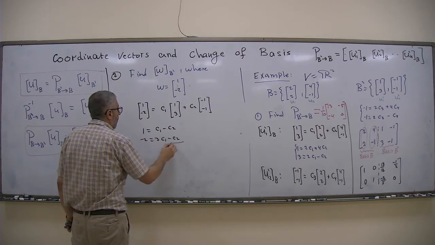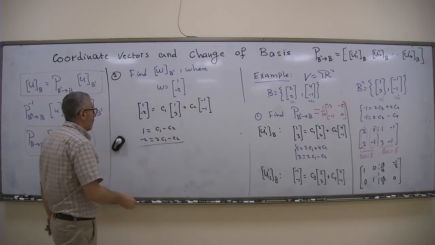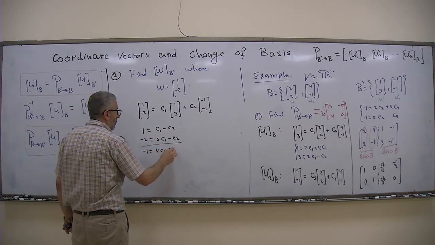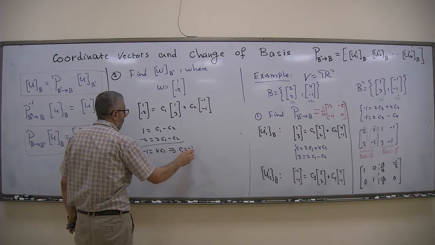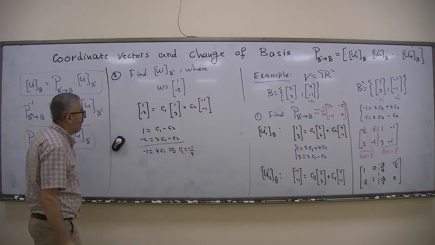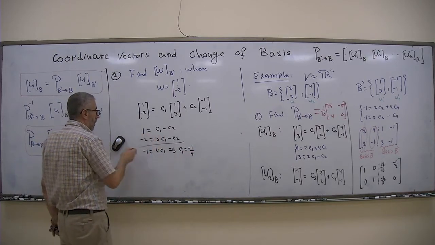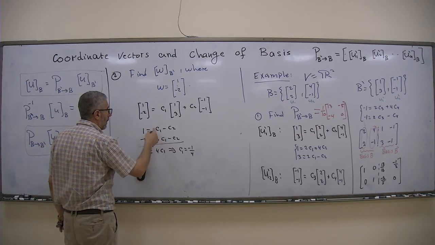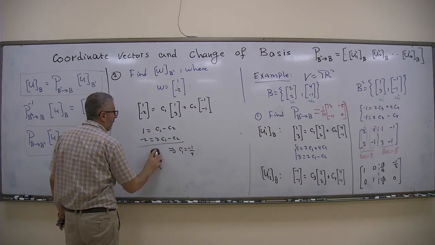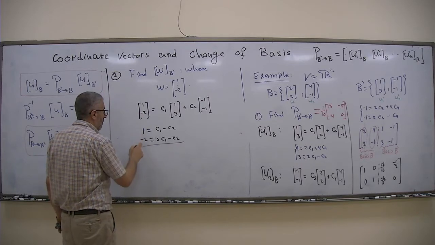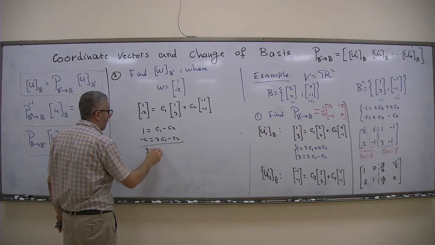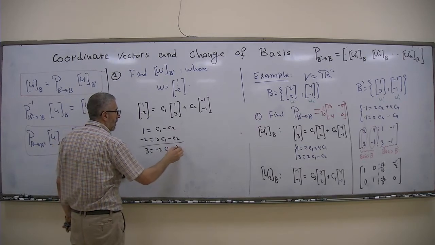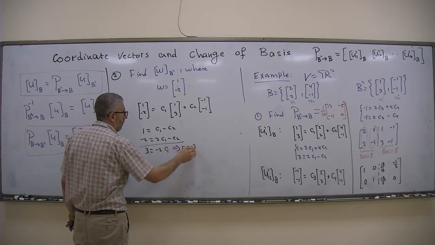So solve it in any way you want. That is very simple. This minus this, we get 3. This minus this, we get negative 2C1, and this will cancel out. So it means C1 here is negative 3 over 2.